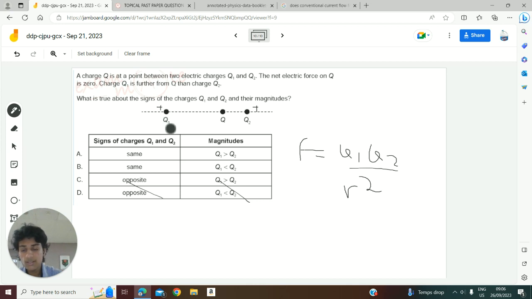So you can see that Q1 is at a greater distance to Q than Q2, but we know that the net force is 0. So for the net force to be 0 and the fact that Q1 is further away, the magnitude of charge of Q1 would have to be greater than Q2 because it's at a greater distance. So it would need more. We need a greater magnitude to make it cancel out. So the answer is A.